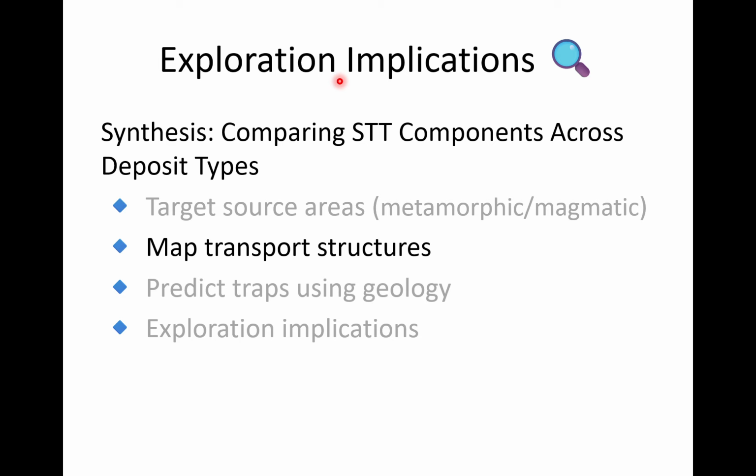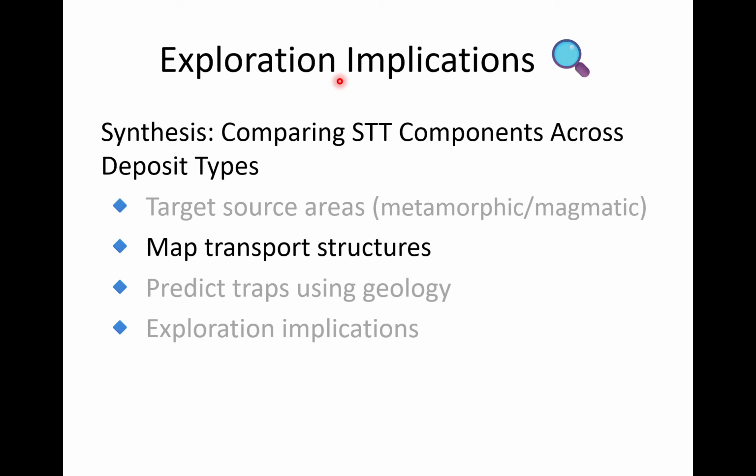And the difference in transport: in orogenic gold, transport is dominated by deep, high-pressure fault or channel flow. The fluids travel long distances, up to several kilometers vertically, sometimes laterally along the structure for tens of kilometers.